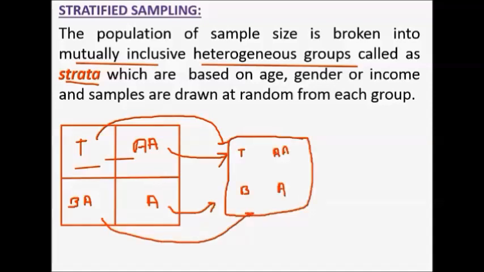See, this sample is having all the attributes of the population. One student from the topper category, one from above average, one from average, and one from below average. And these individuals will be interviewed further. So samples are drawn at random and each individual is getting an equal opportunity of selection.